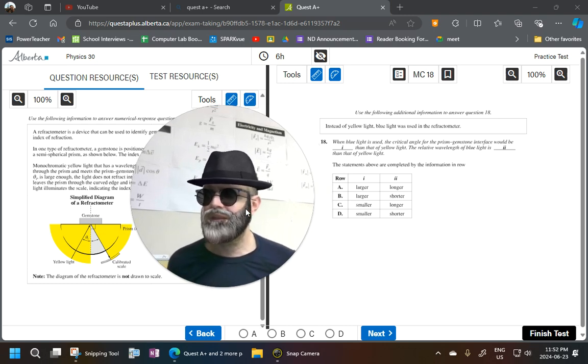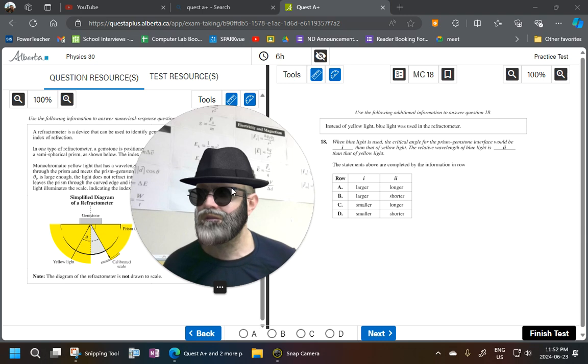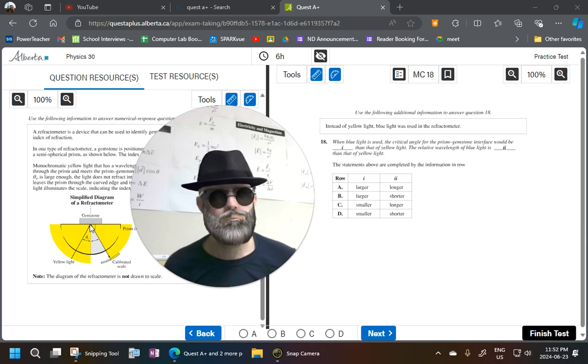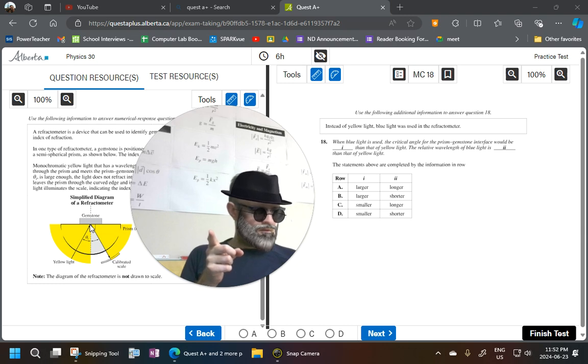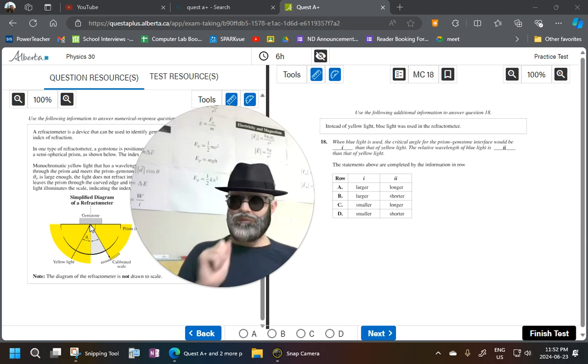Okay. Instead, blue light is used. Blue light used, critical angle. Yeah, but it wouldn't give us the same number. The wavelength has changed. Oh, maybe I could do it some other way then.